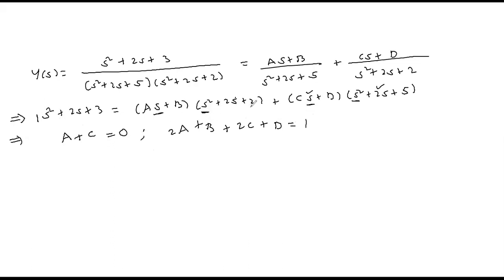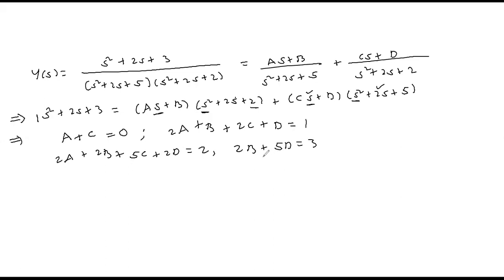The s coefficient is going to be 2a plus 2b plus 5c plus 2d, equal to 2. Then what are the constants? 2b plus 5d, equal to 3.